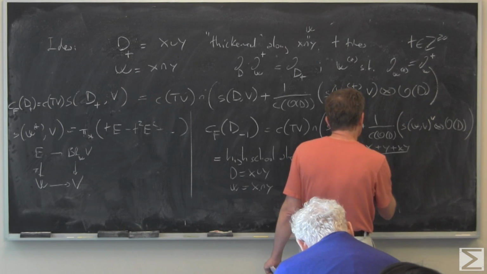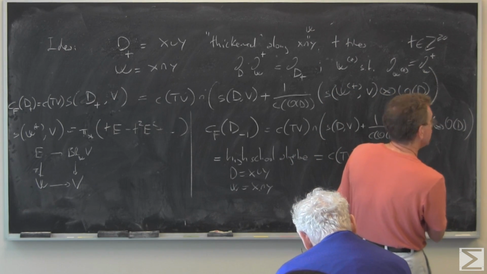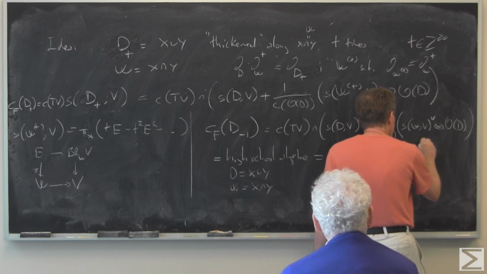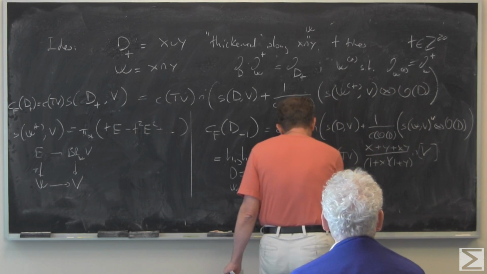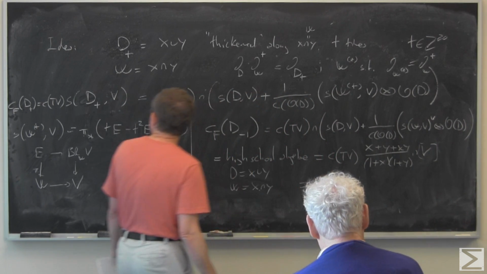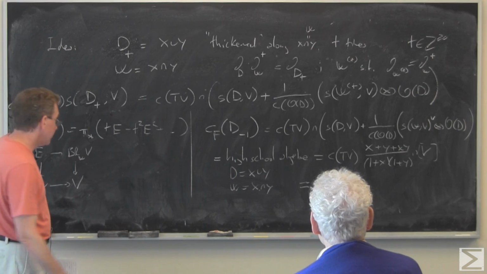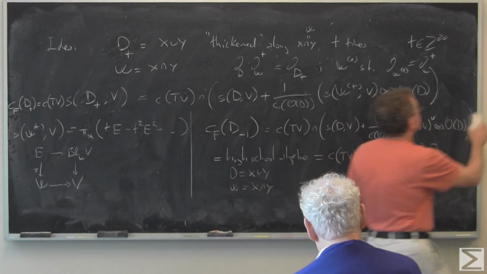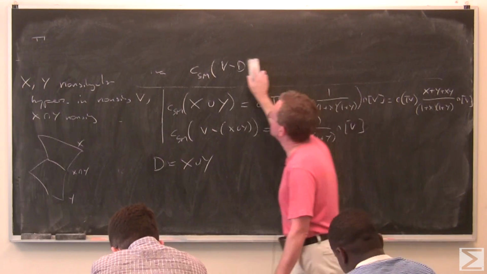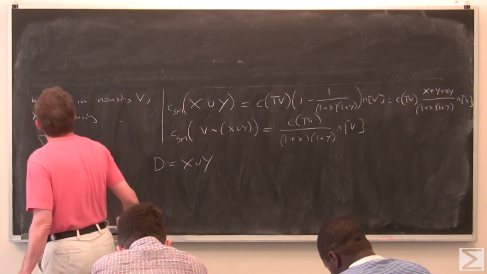I'm copying from over there. 1 plus X, 1 plus Y, cap V. So this brute force computation tells you that this is the Chern-Schwartz-MacPherson class of D. Okay, let me highlight this somewhere. And then we'll be essentially done. We'll have a few comments, but then we'll be ready to stop.